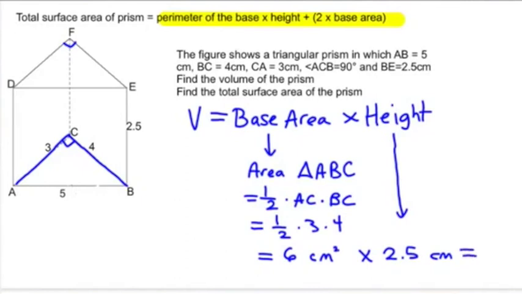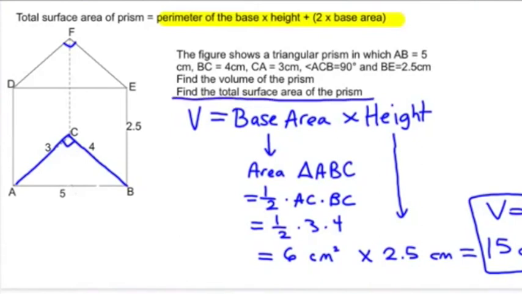There we go, and then 6 times 2.5 is going to get us our 15 cubic centimeters. So that's how we find our volume. But now what we need to do is find the total surface area of the prism. And we are going to do that in red.